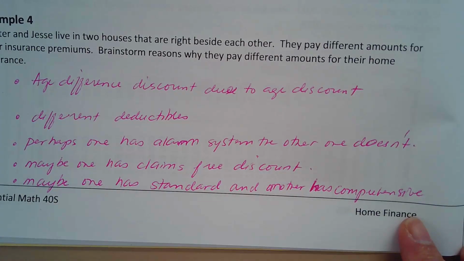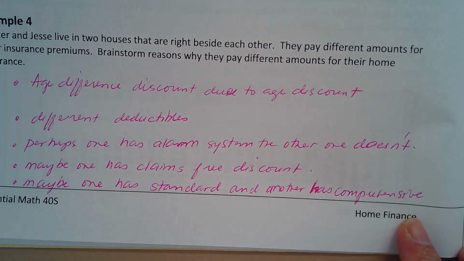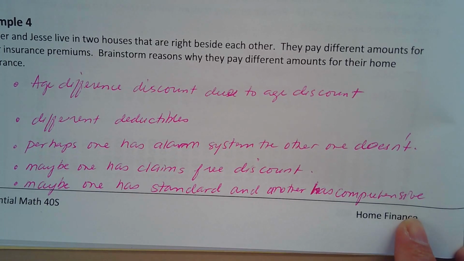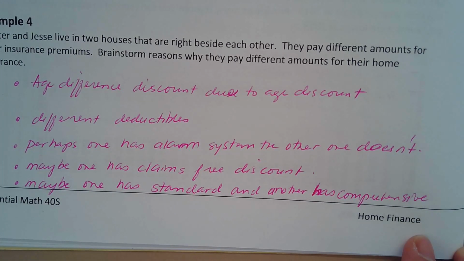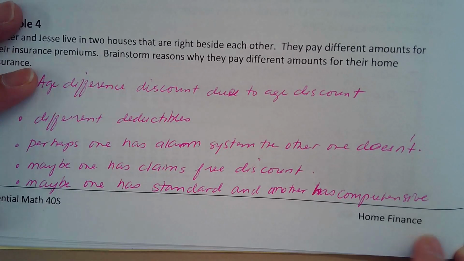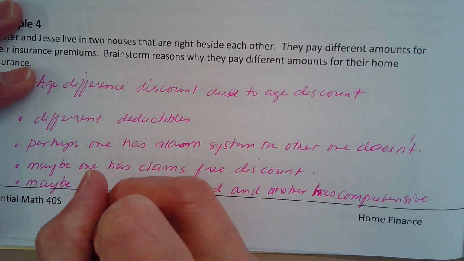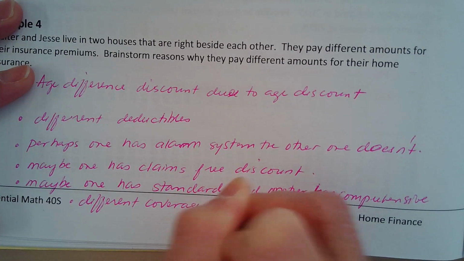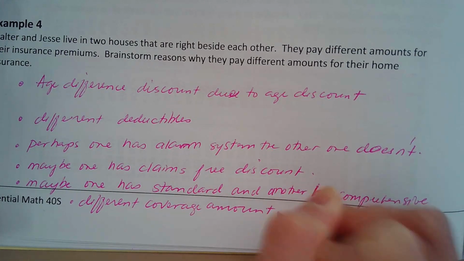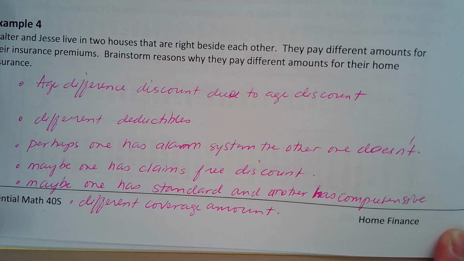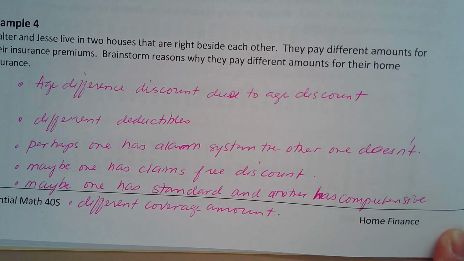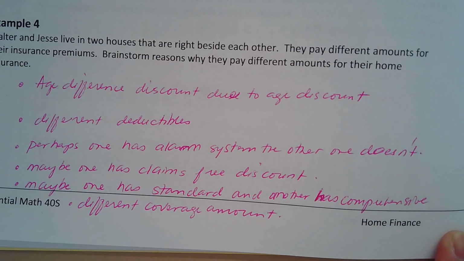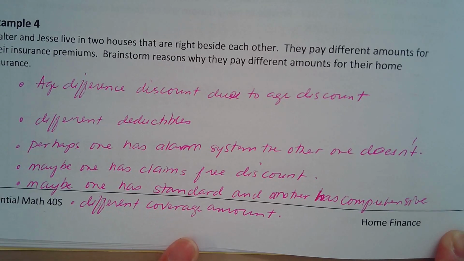Okay, so just because you're neighbors, that doesn't mean you have the same insurance, right? And then the last one, different coverage amount. Maybe the other house has a garage, the other one doesn't. Well, the garage is still part of your property, so different coverage amount.